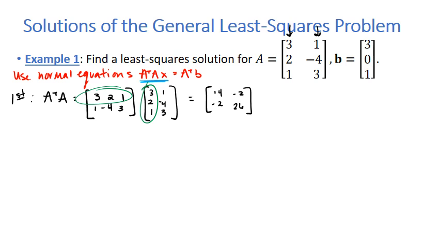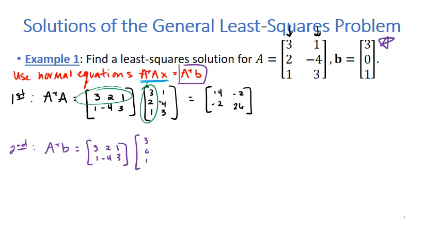Okay, so we have found A^T A. The next thing we want to find is this part, A^T b, so the transpose of matrix A times matrix b, which is this guy here. And remember, rows times columns, and this gives us the matrix 10, 6.